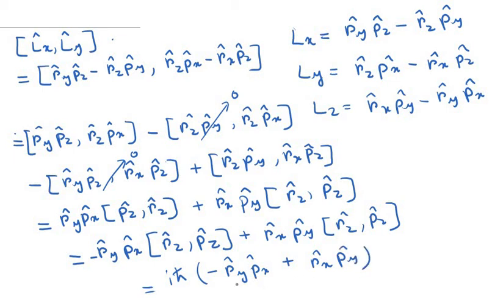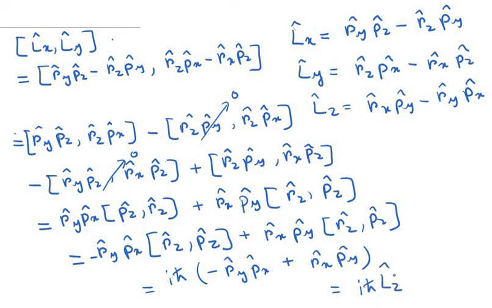So what is this quantity or this operator? This operator is nothing but the operator for the angular momentum along the z direction. So this is equal to i h bar Lz.